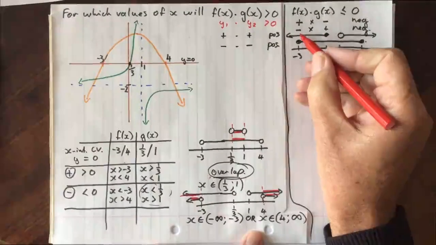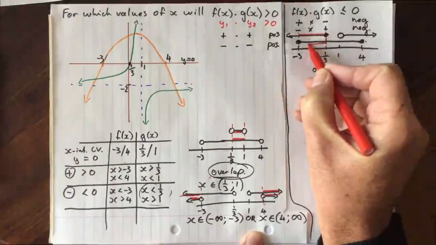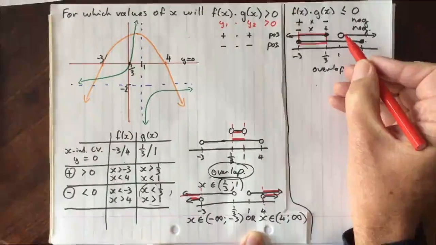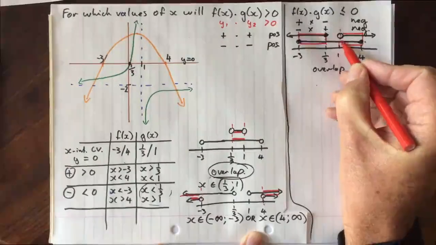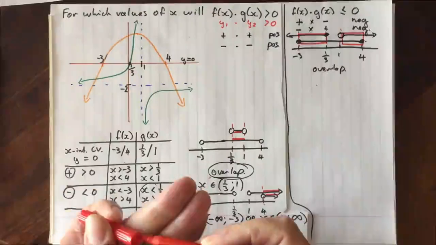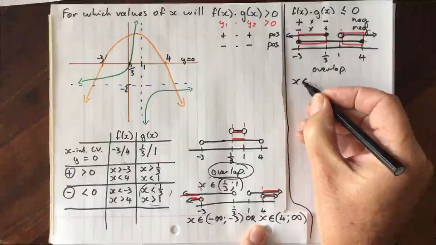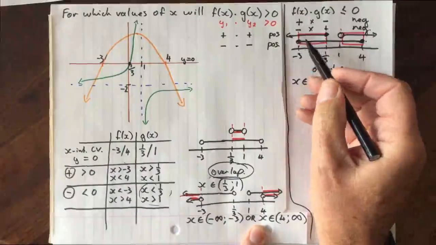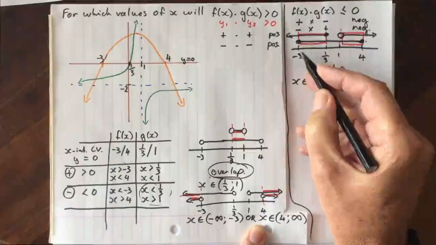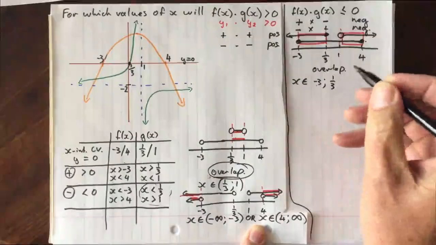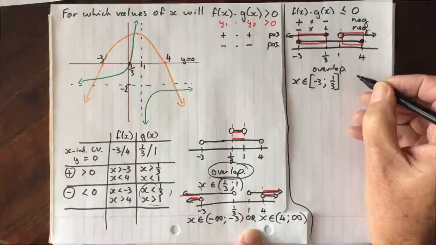And we can see, well, here we have an overlap over here. And we also see we have an overlap over here, up to 4. So let's write down my x values. We have x is an element of, we start from -3 over here and it ends here at a third. And both of these values are included in my solution.